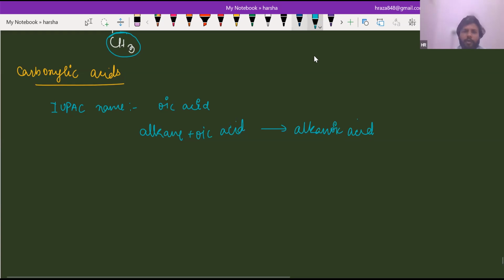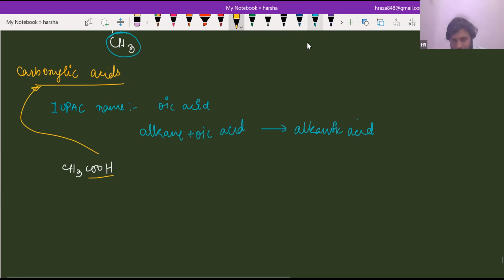If I give you CH3COOH, first you have to identify which functional group is present. This COOH represents that it is a carboxylic acid.